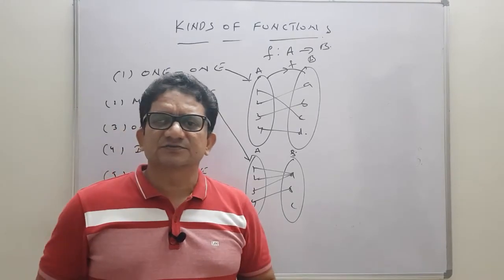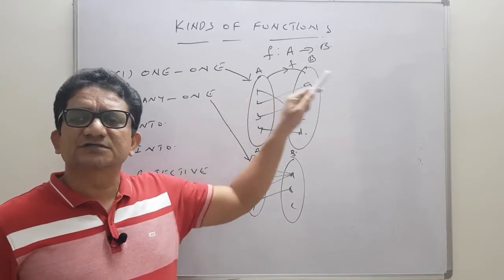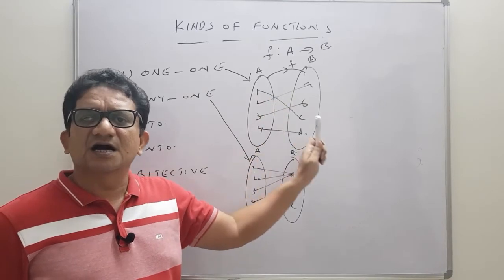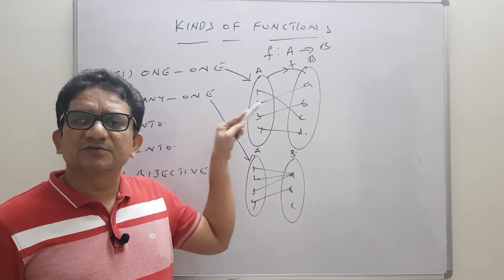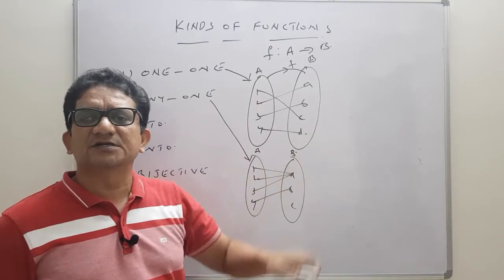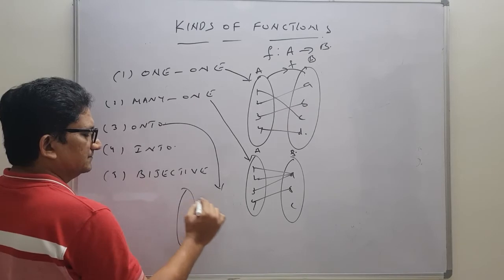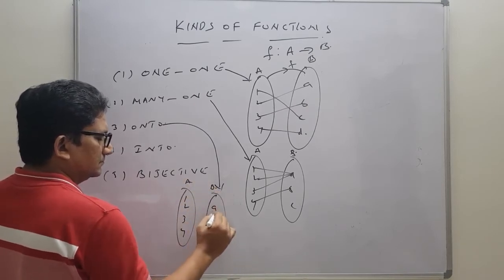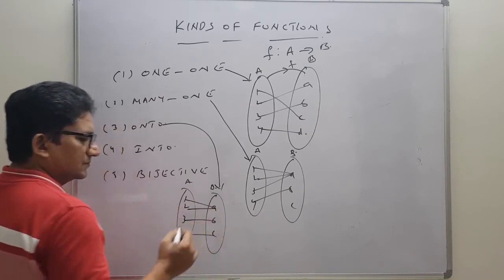Next, onto function. So for onto function, I am taking from A to B only. Onto function means if all the elements of set B are the images of one or more elements of set A. So here I will write an example for this one.